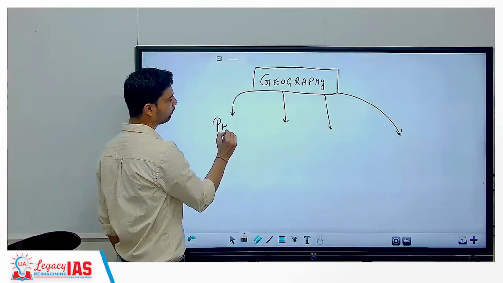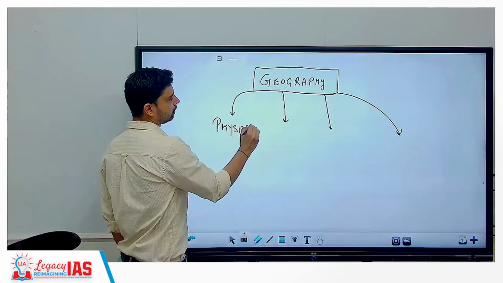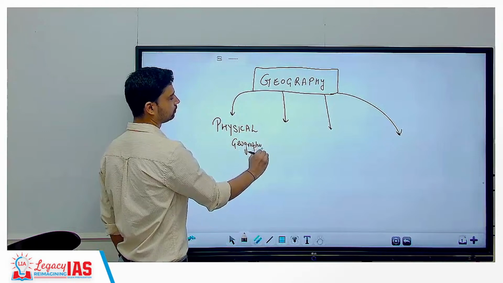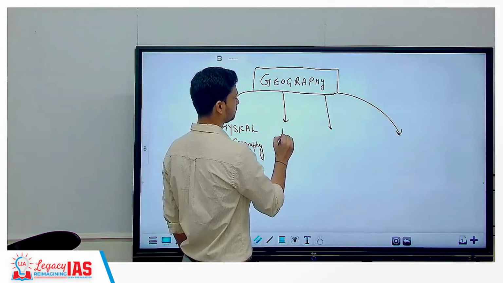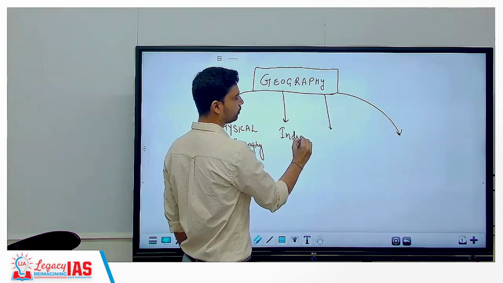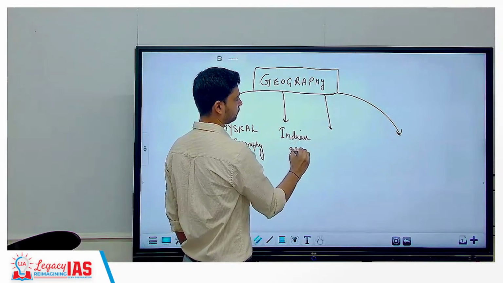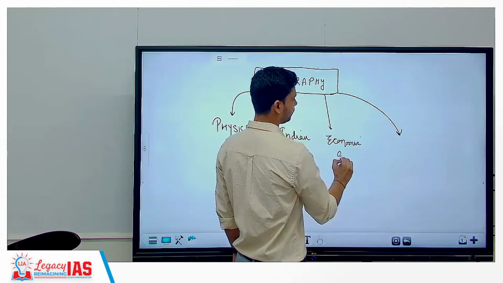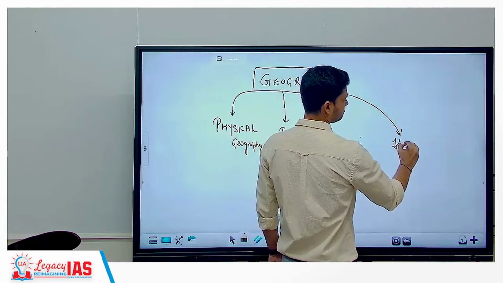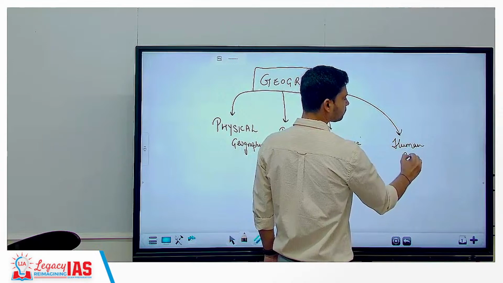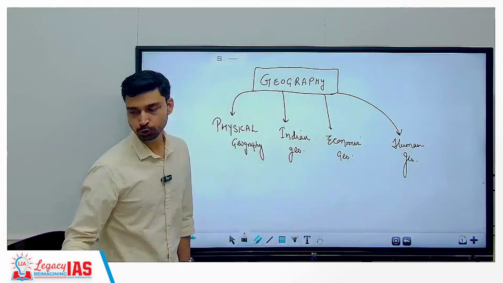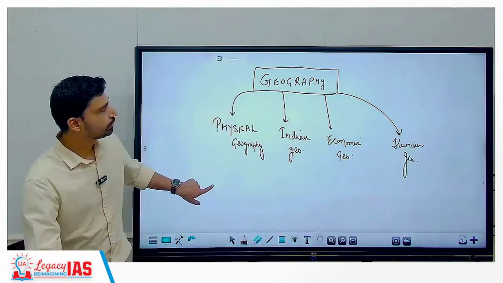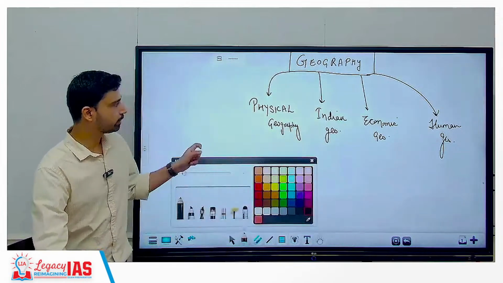First is physical geography. Second is Indian geography. Third is economic geography. And fourth, human geography. That is how we can divide the entire syllabus of UPSC: physical, Indian, economic, and human.